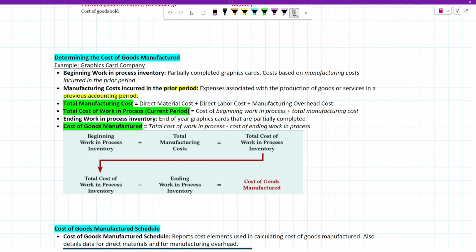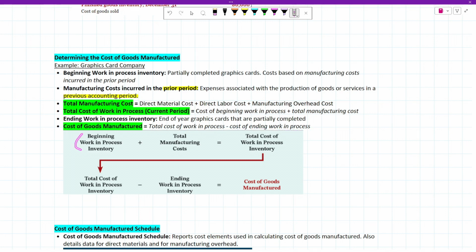If we begin it in the middle of December, the graphics card is only going to be done by the middle of January. So this means it would be a work in process inventory. So the cost of goods manufactured is equal to the total cost of work in process minus the cost of ending work in process.